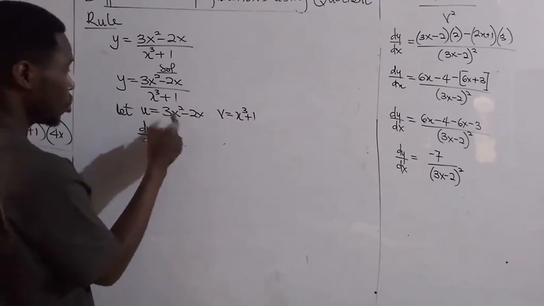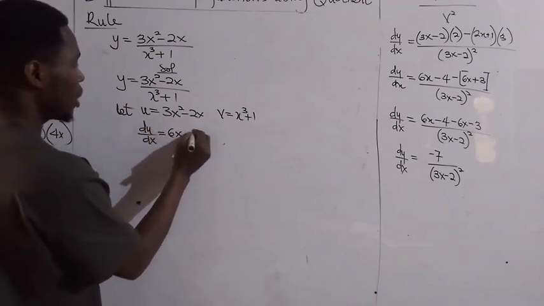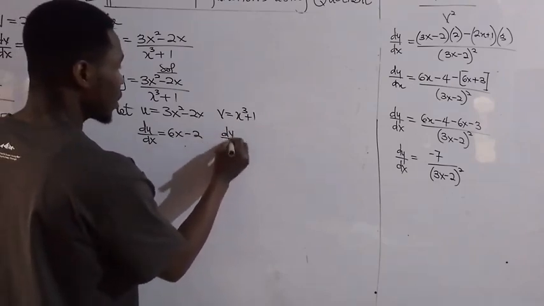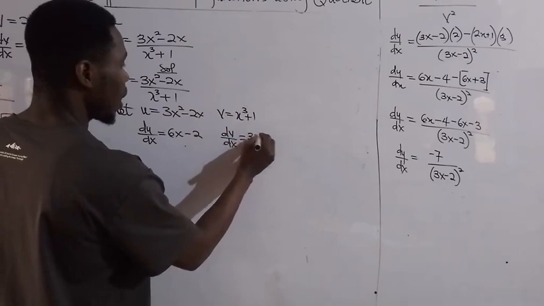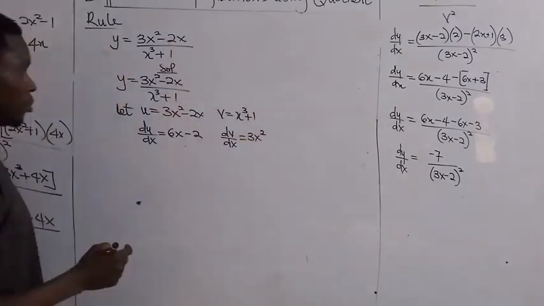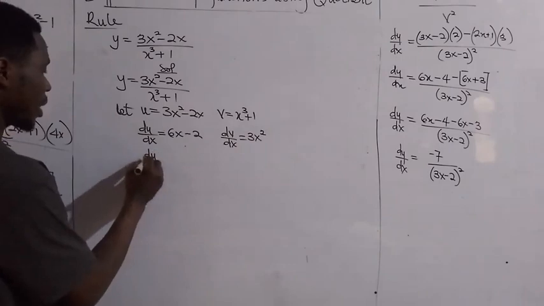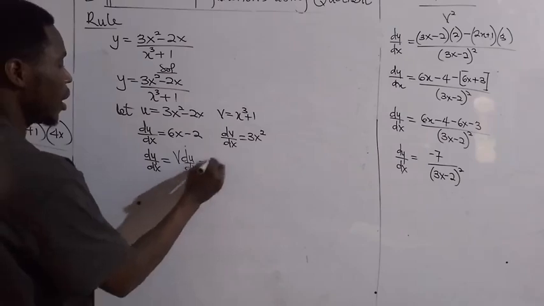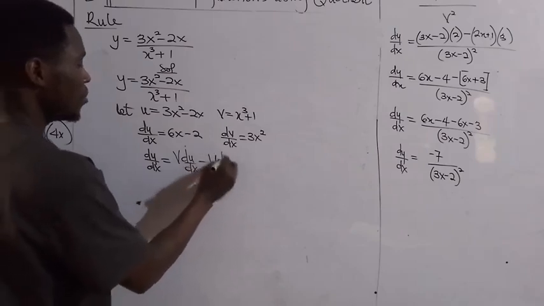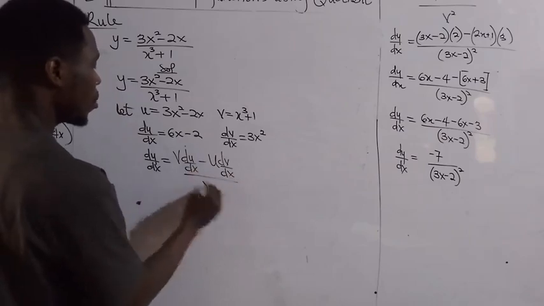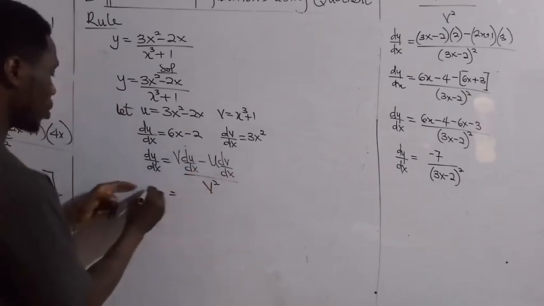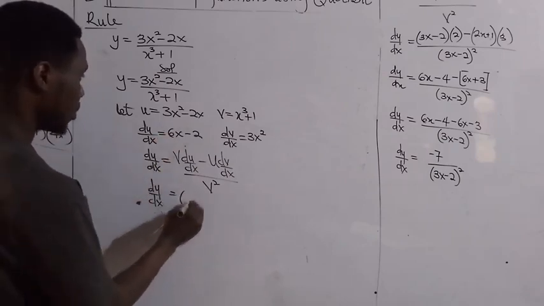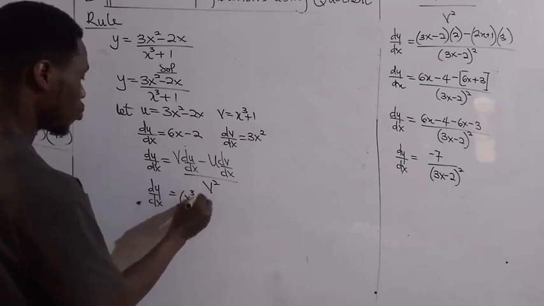We differentiate u with respect to x. So we'll have what? This will give us 6x minus 2. Then our dv over dx will be giving us 3x squared. So our dy over dx now is equal to what? v du over dx minus u dv over dx, all over v squared. So we do substitution. Our v is x cubed plus 1.